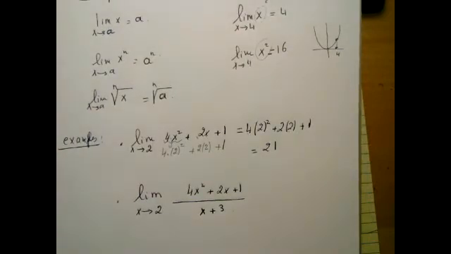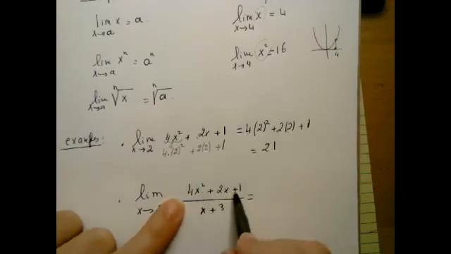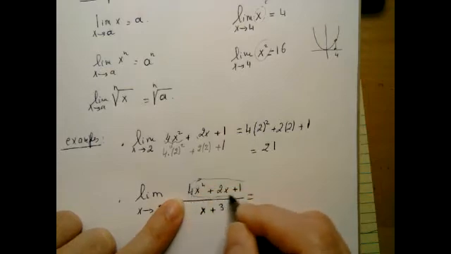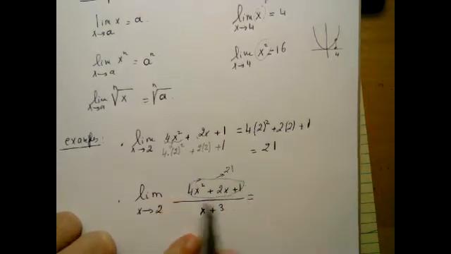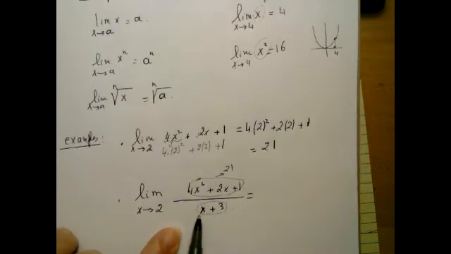It means when I start taking those values of x close to 2, then this quotient, this ratio of 2 functions, is going to become close to what? Okay, let's see. If I take values close to 2, this numerator, like before, is going to become close to 21. Now what's happening down here? When x becomes close to 2, intuitively, this will become close to 5.